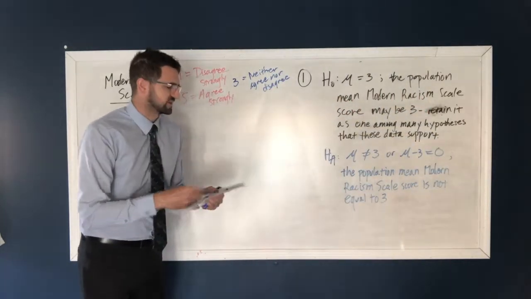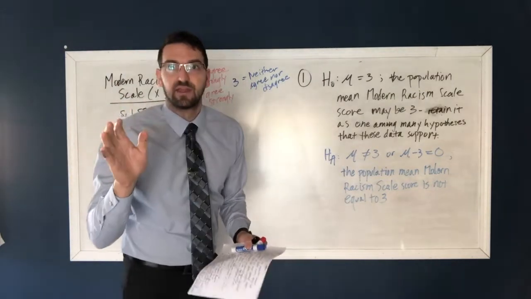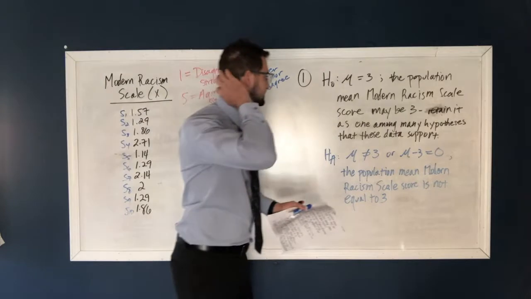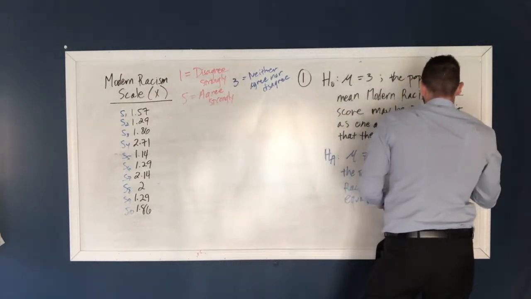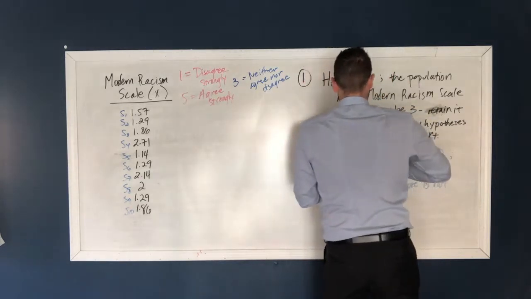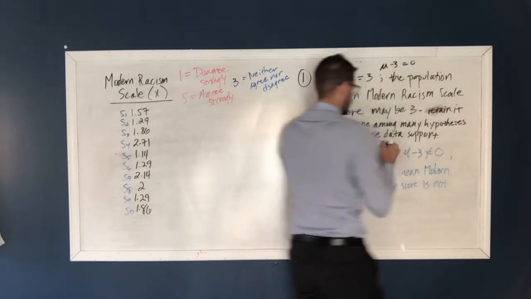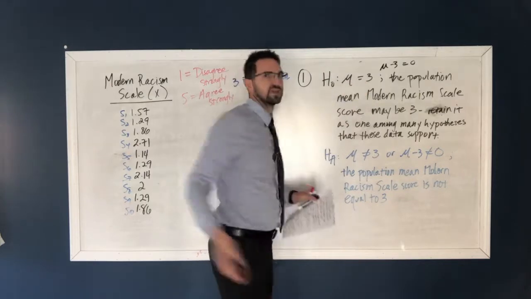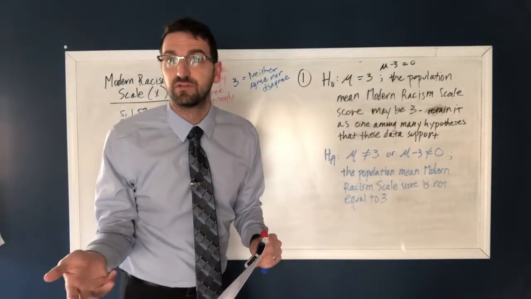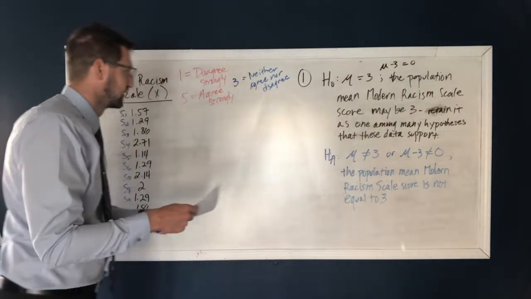The alternative hypothesis is mu does not equal 3, or, to say the same thing, mu minus 3 does not equal 0. And the null could also read mu minus 3 equals 0. So mu equals 3, but if mu equals 3, then mu minus 3 equals 0, right? 3 minus 3 is 0. So it's the same thing over here.